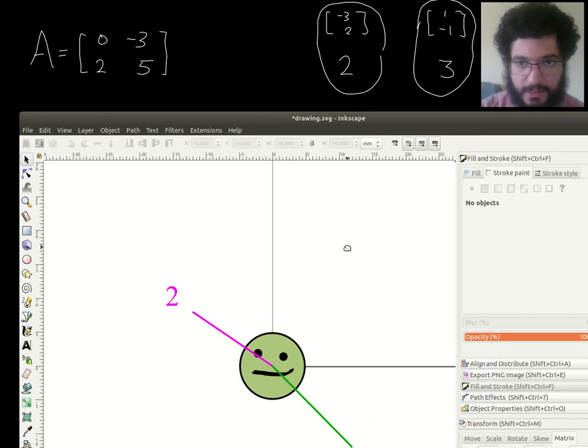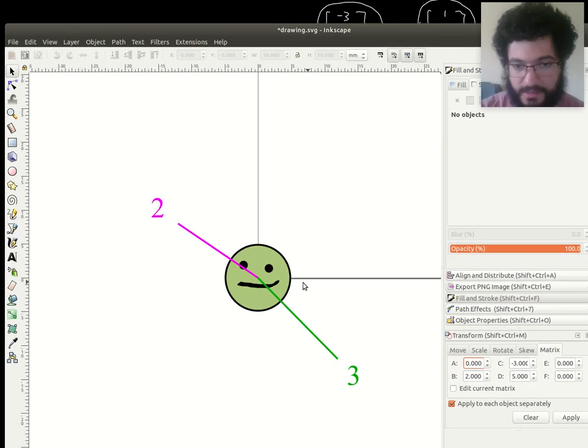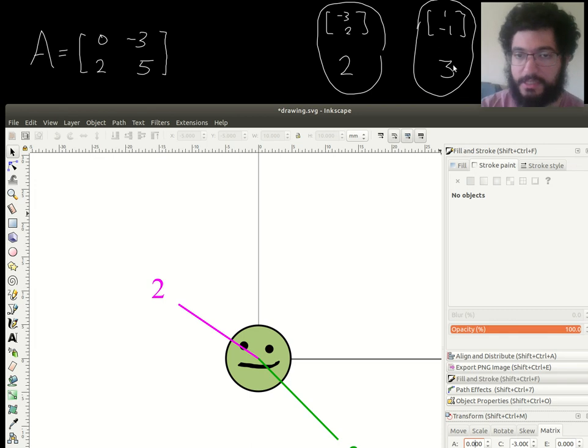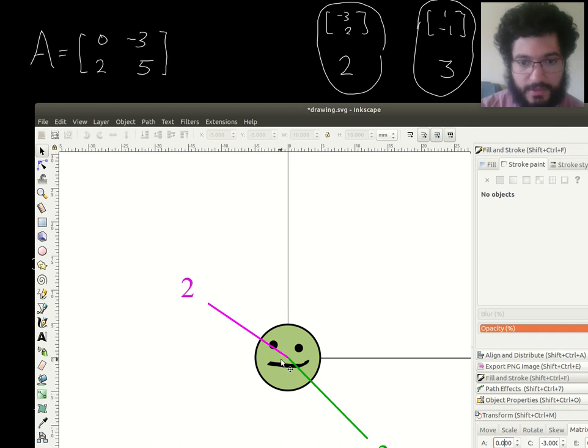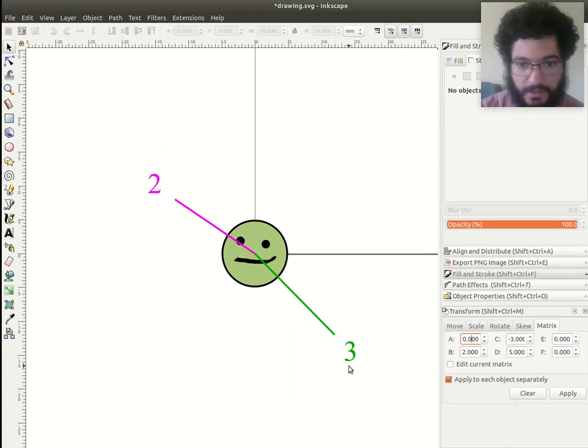So this green one is (1, -1), that's 1 to the right, 1 down, and I can make it as long as I want. (2, -2) would be just as good of an eigenvector for eigenvalue 3. So anything along that direction. And then (-3, 2), that's 3 over, 2 up, or anything along that line. That would be an eigenvector with eigenvalue 2. So these labels here are the eigenvalues.